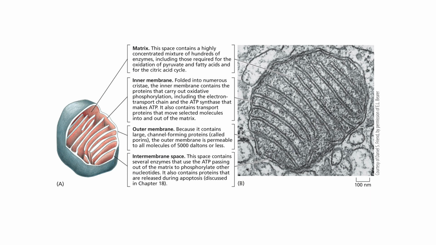And the idea of having such a complex folding and extension of the inner membrane of the mitochondria is to increase the surface area so you can have many electron transport chains within one mitochondria.